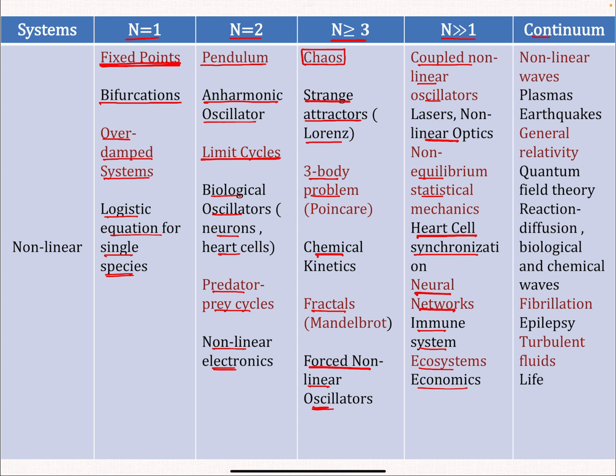Examples of continuum are nonlinear waves, plasma, earthquakes, general relativity, quantum field theory, reaction diffusion, biological and chemical waves, fibrillation in heart, epilepsy, turbulent fluids, and ultimately life. This is a column where these are all frontier areas of research. This is a beautiful classification of a lot of systems into linear and non-linear based on their dimensions.